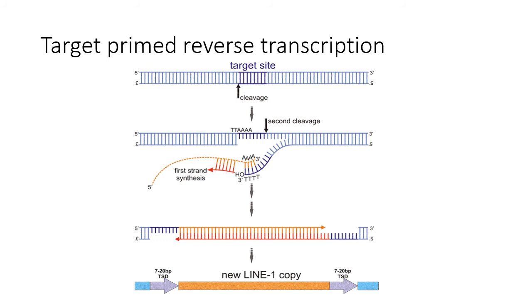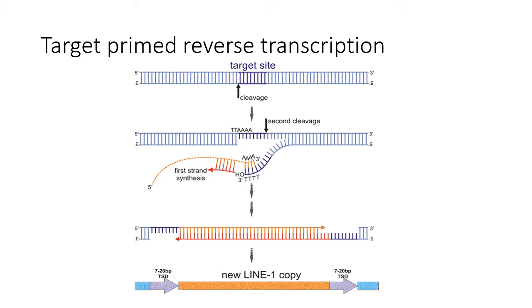Okay, this slide represents what happens during what's called target prime reverse transcription. So the target site on the DNA is sort of degenerate, but usually it's something like TTAAAA. And the endonuclease activity of ORF2 is responsible for cleaving the target site at both sites really in an asymmetric kind of way.